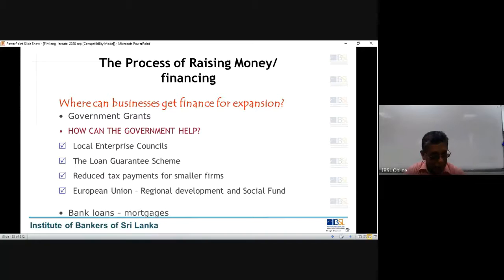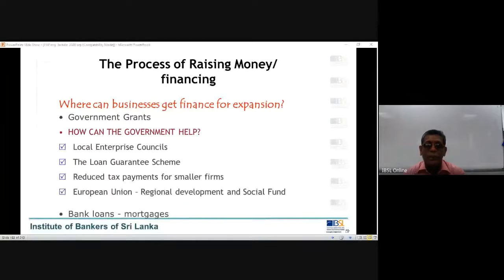I can't remember the brand name they used. Can anybody tell me what brand name the previous UNP government introduced for giving SME loans?